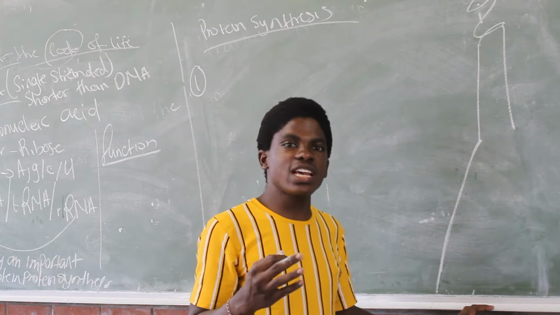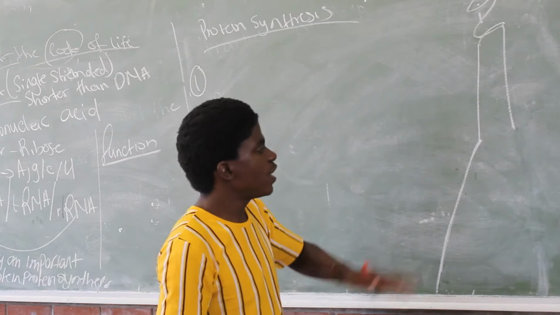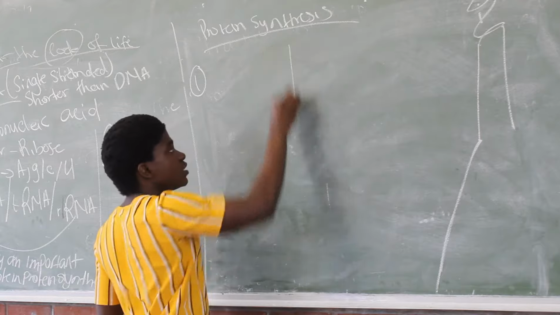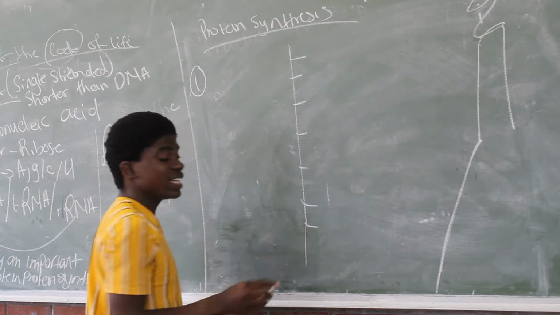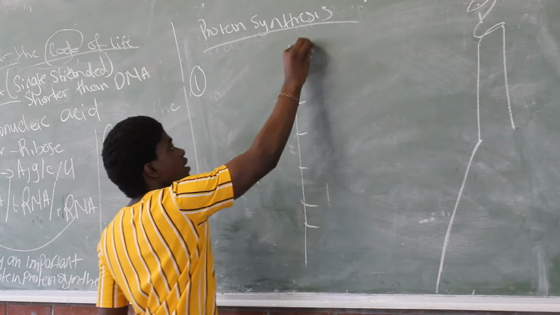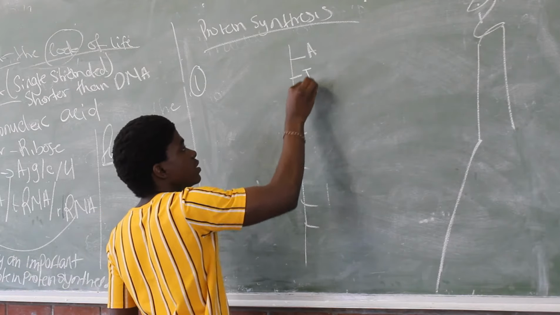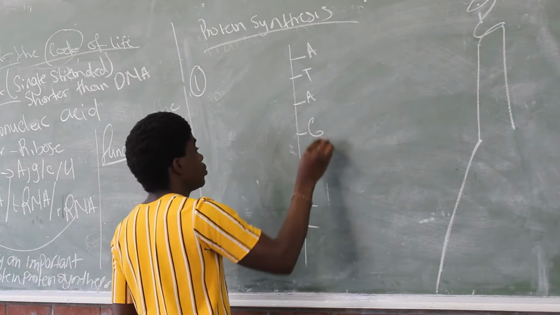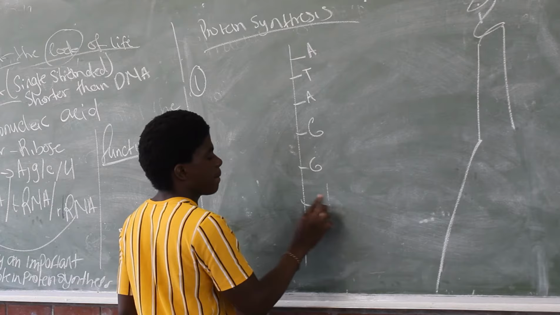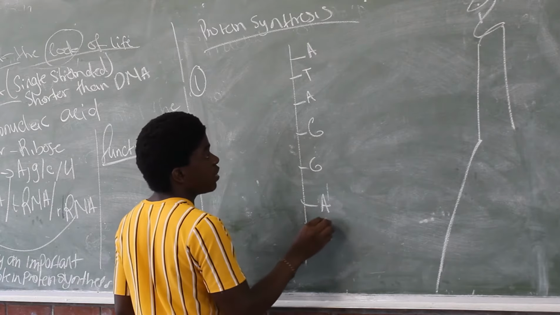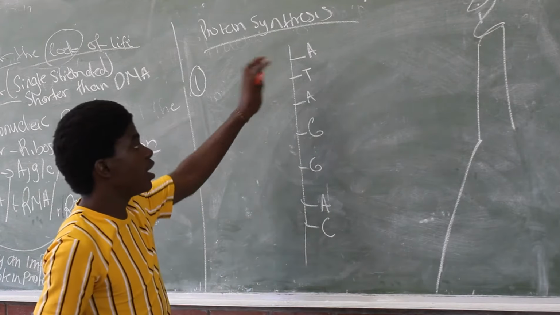So when we say it acts as a template, this is your DNA strand, the one that is acting as a template, and these are nitrogenous bases. This is your DNA strand.